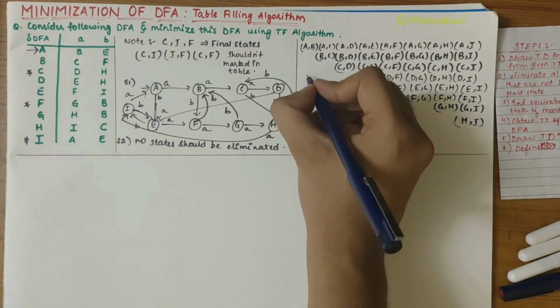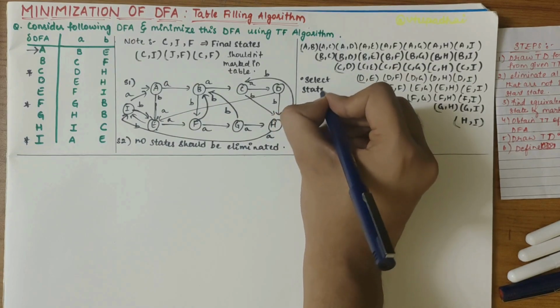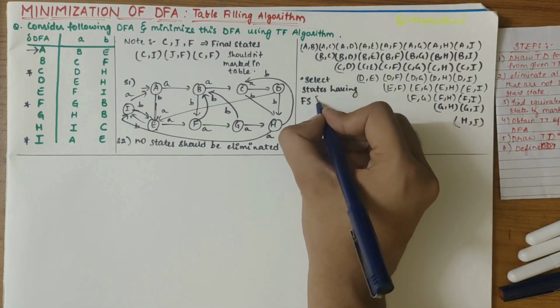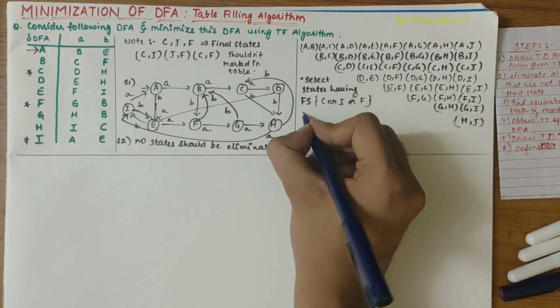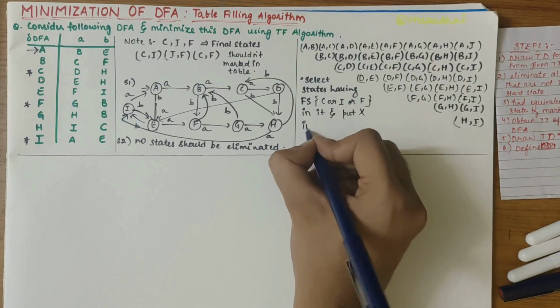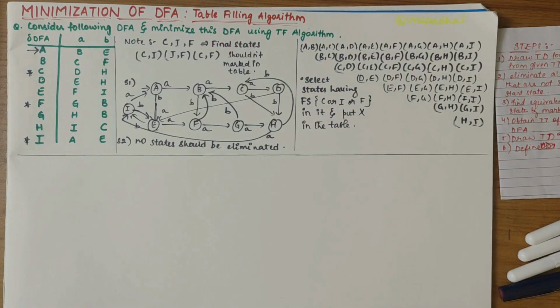So our next step is to select the state pairs having a final state, that is either C or I or F in it, and put a cross mark in the table. So this is what the table filling algorithm says.